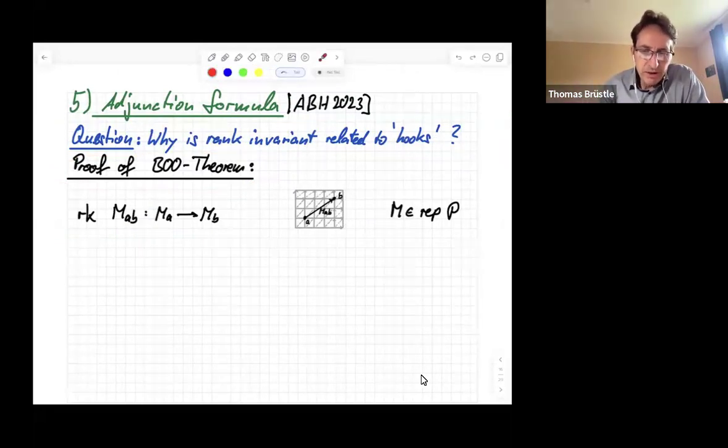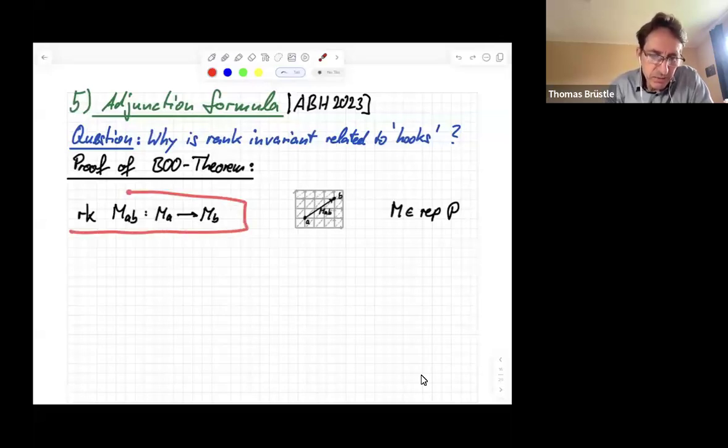The rank invariant. To compute the rank invariant, we need to compute the rank of the linear map given a module M over the poset, and we take two points A smaller or equal B. There's a linear map from MA to MB, and we want to compute the rank of this linear map. This is what we have to do.